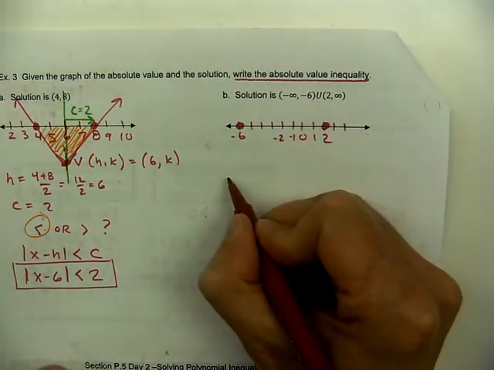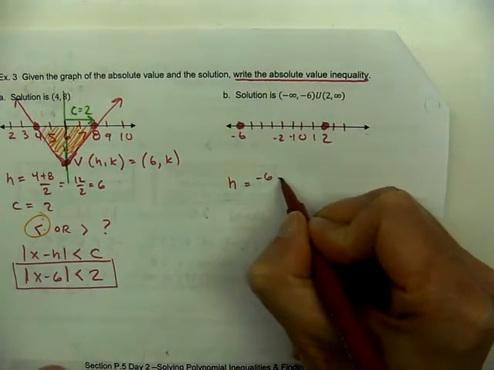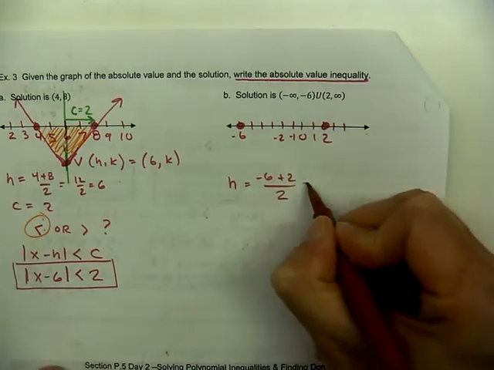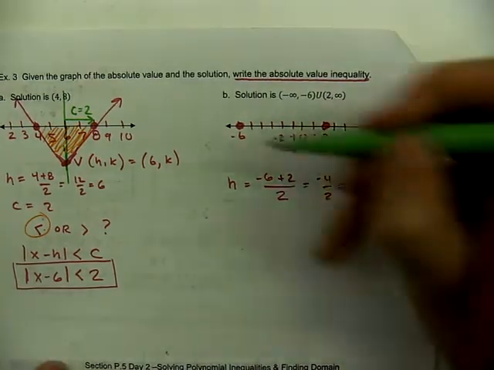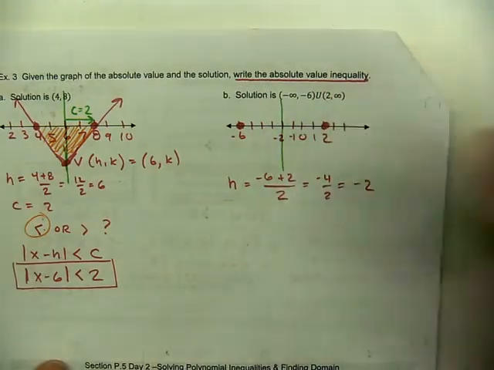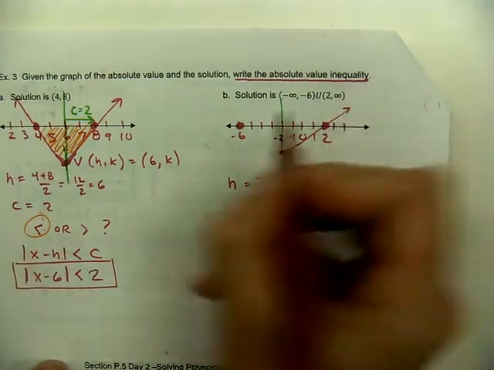So let's find the vertex. H is going to be the average. So we're going to take the -6, add it with the 2, and average it out. So that gives us a placement of -2. So there's my line of symmetry. Somewhere on that is the vertex.